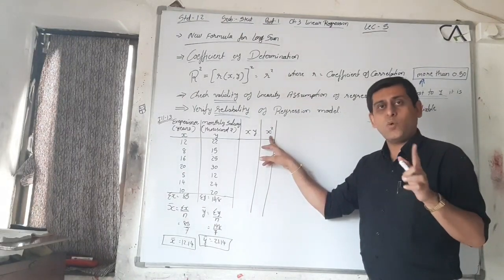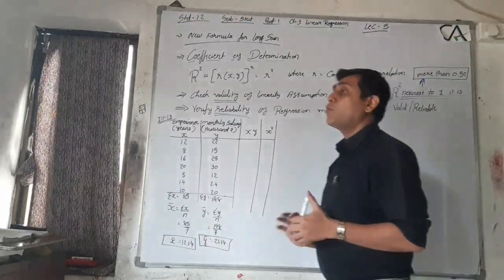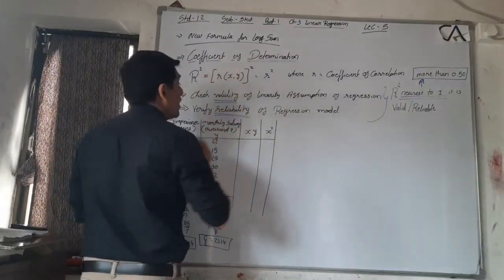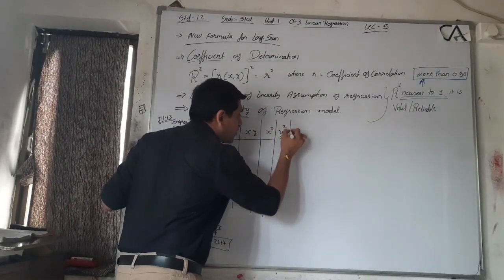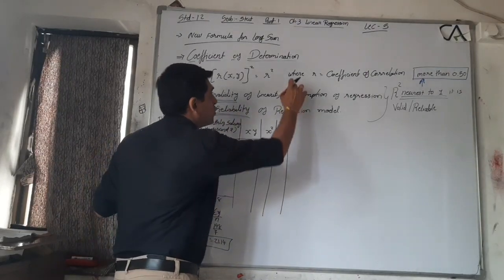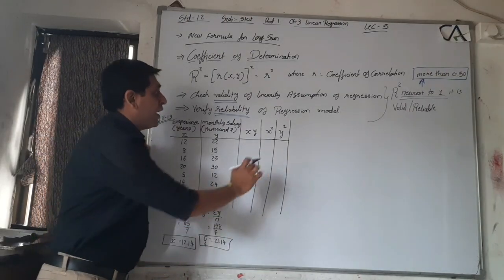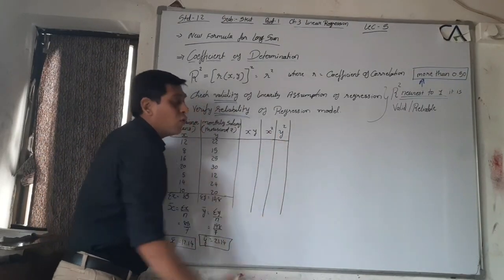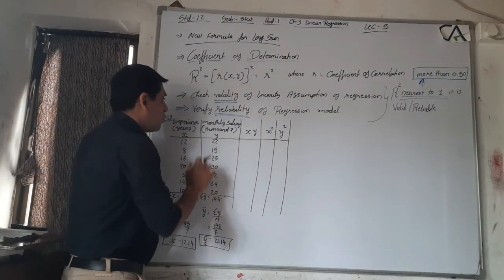But here we have to find the coefficient of determination, so we need one extra column, that is y square, because we have to use r's formula. In r's formula we write y square also in the denominator. That's why we have to find this. Okay, now multiply this.